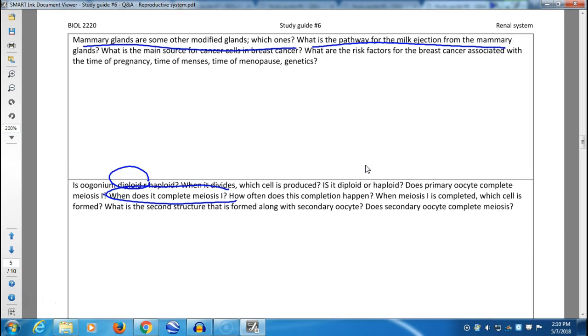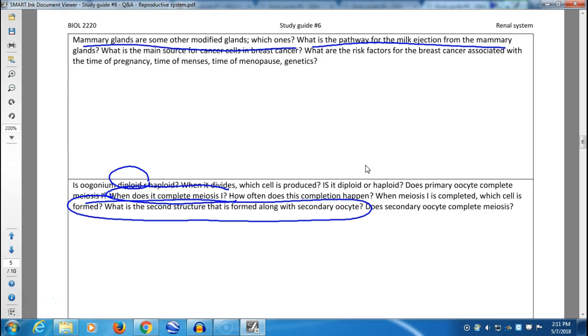Remember, during puberty, every month a primary oocyte completes meiosis 1, enters meiosis 2, and stops there. That is the secondary oocyte.